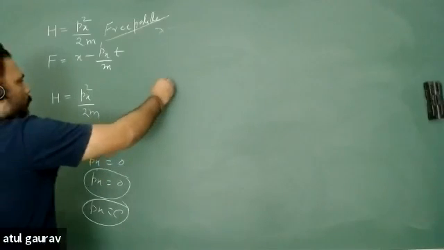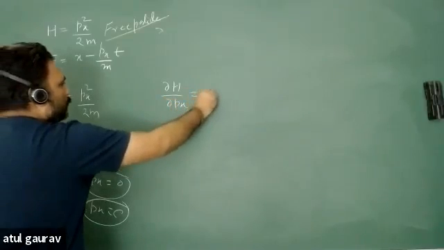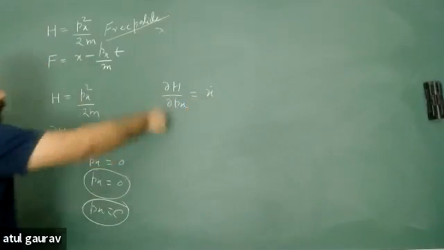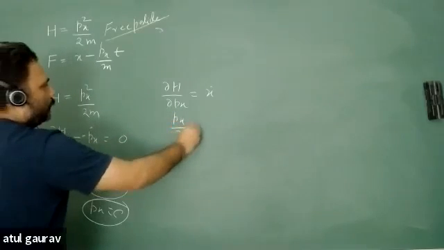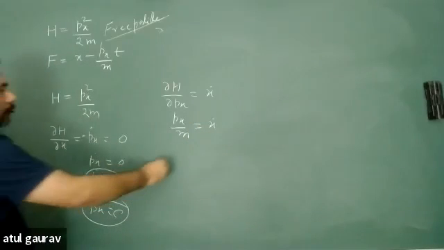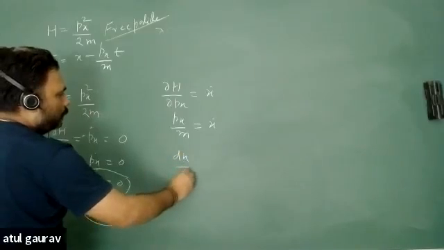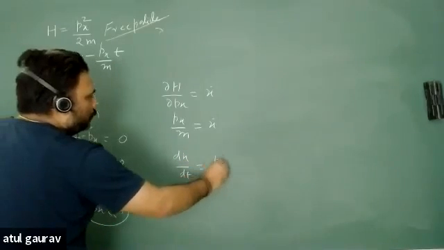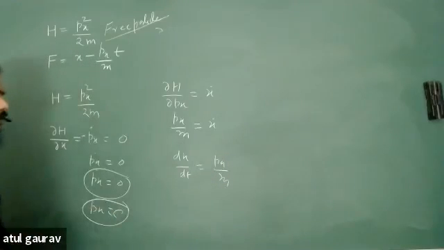Now the second equation: ∂H/∂px is equal to x dot. And what is ∂H/∂px? That is px/m, equal to x dot. So dx/dt is equal to px/m. This px is constant, so I will treat it as a constant.